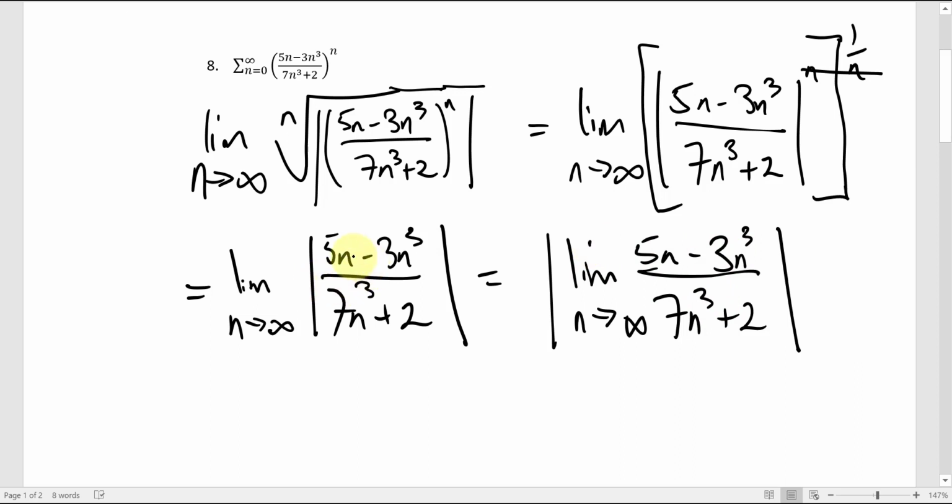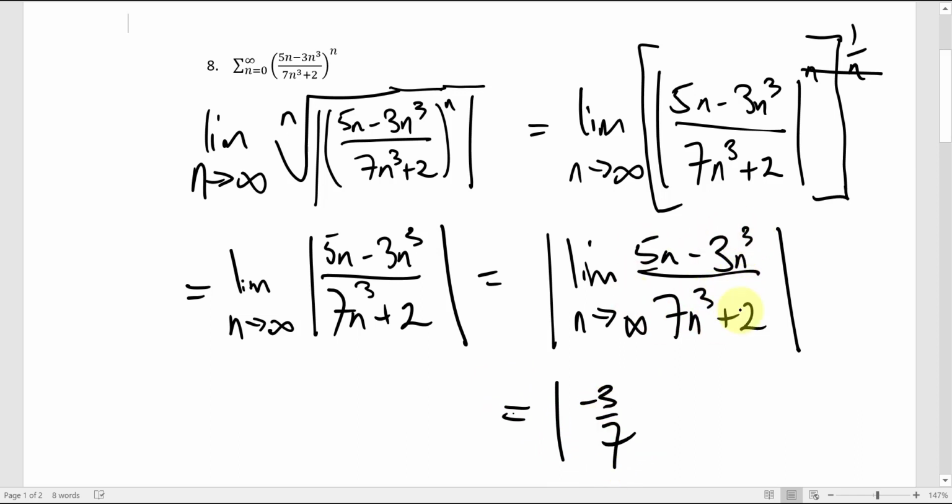So what I'm really saying is that we're getting closer and closer to negative 3 over 7, but we continue to take an absolute value of it. So I get closer and closer to the absolute value of negative 3 over 7, because these have the same degree, 3.